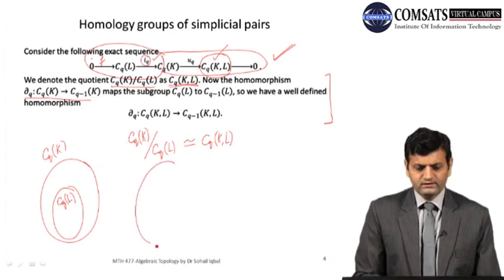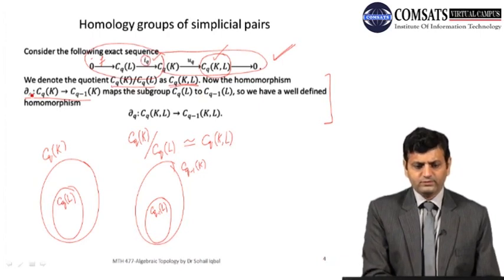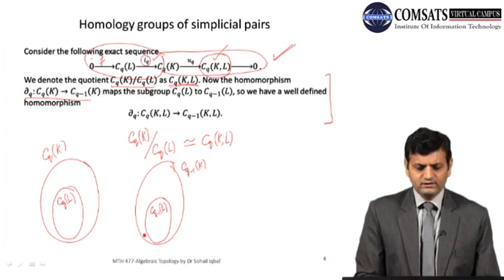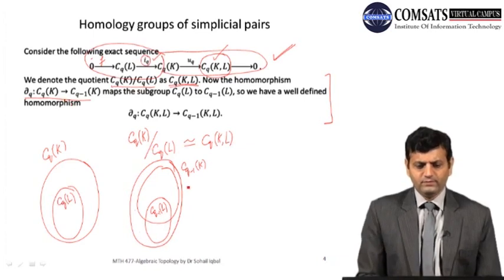And this group is CQ minus 1 K, and inside this is CQ minus 1 L. Now these boundary maps, partial Q, take CQK to CQ minus 1 K. Of course, it is a subset of this, so let's say this shaded region is the image of CQK under this boundary map.